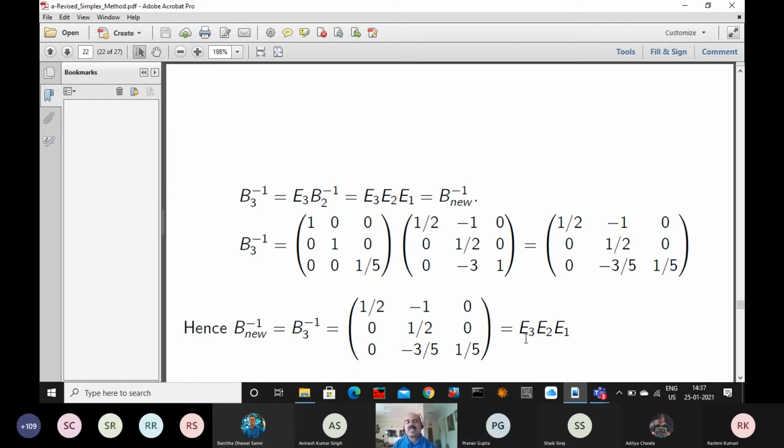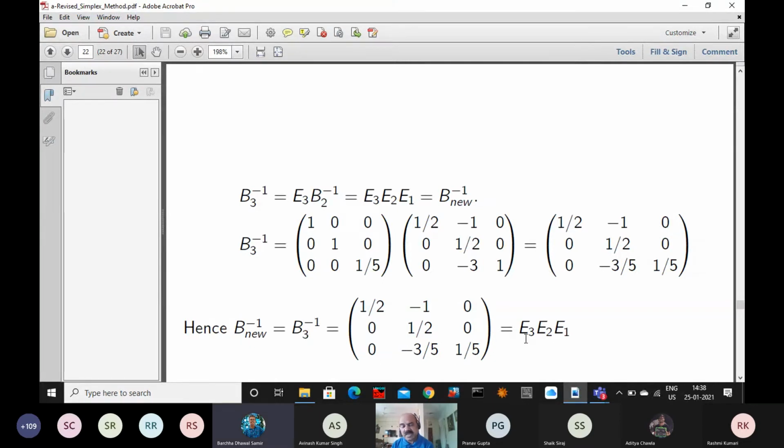First time you can change either first column or second column or third column, 3 cases. Let us say after fixing that, another 2 cases. Then after fixing that, another 1. So 3 into 2 into 1. If instead of 3, our order is equal to m, let us say it is 10, size of the matrix is 10, how many products will you find to complete the inverse?